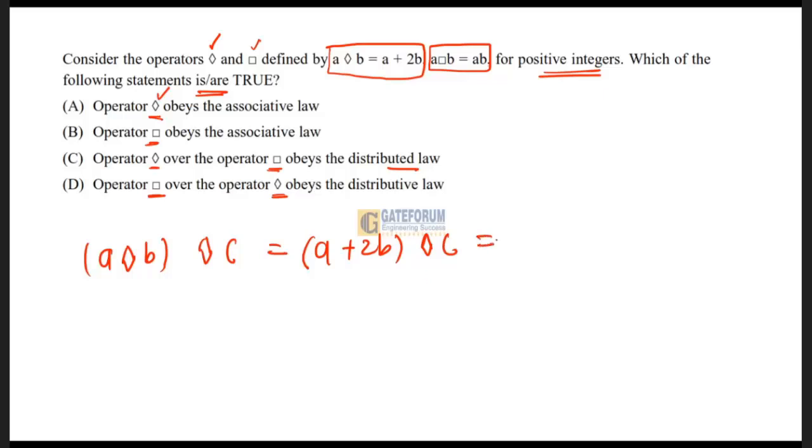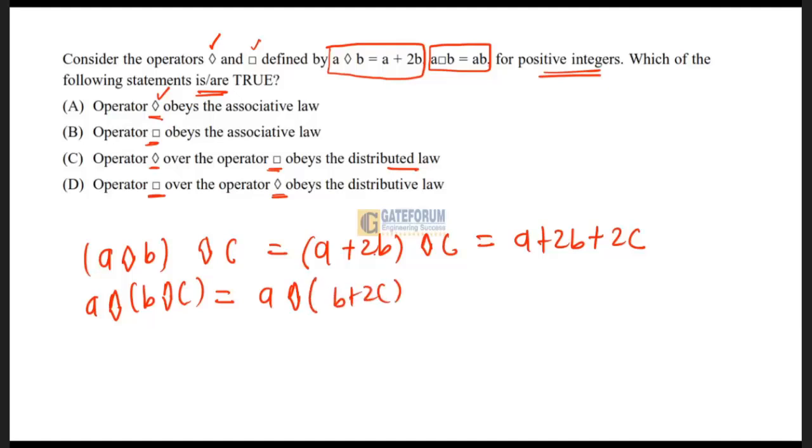So it will be A plus 2B plus 2C. And A diamond, if I make diamond with C, means A, now this diamond is outside, and B diamond C is equal to A diamond, and here if I am making B plus 2C, so this 2B and C is just inside the bracket.